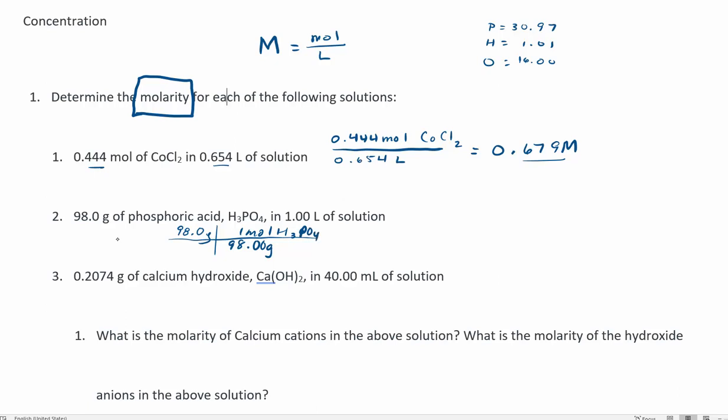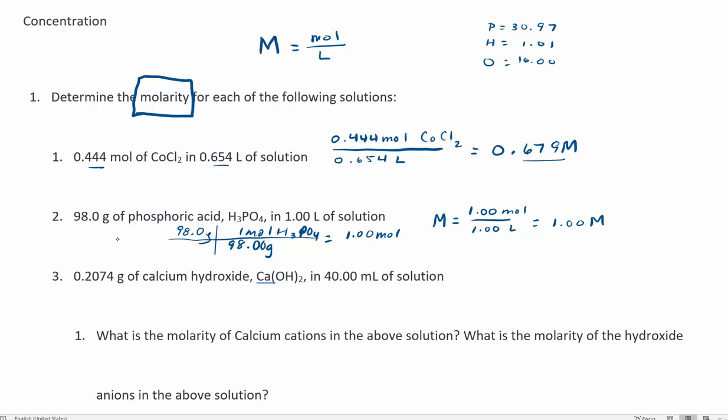I can't seem to write phosphoric acid, but there it is. So we have 1.00 moles of phosphoric acid. To find the molarity, it's 1.00 moles over 1.00 liters. I have 1.00 capital M molarity of H3PO4.